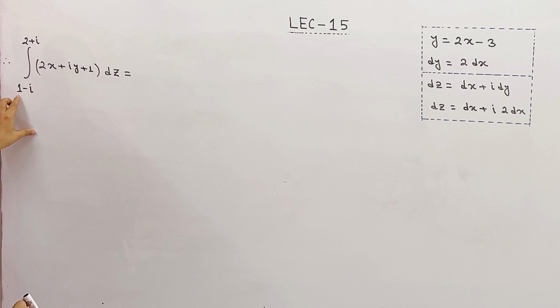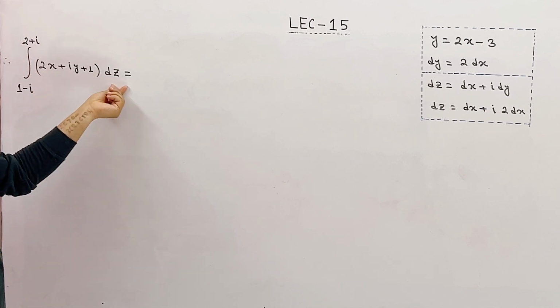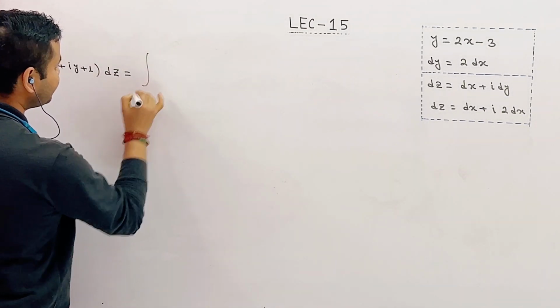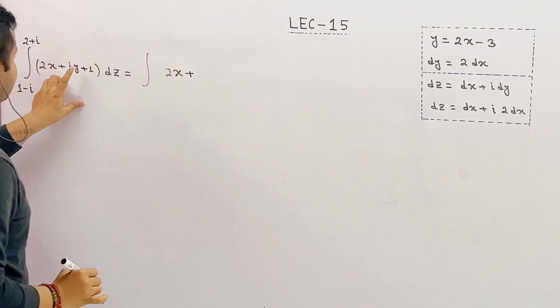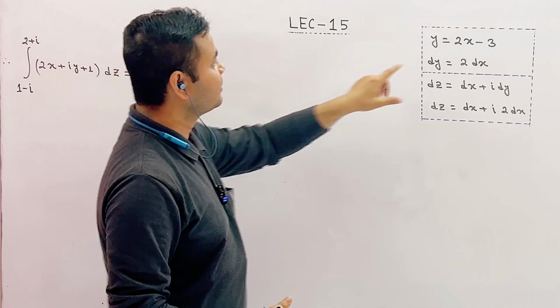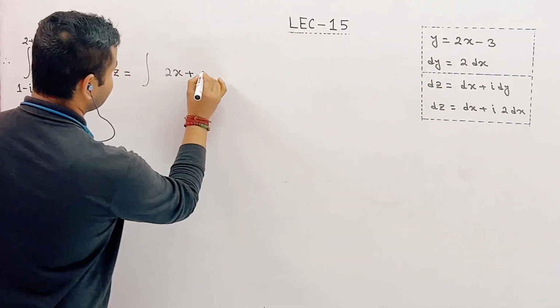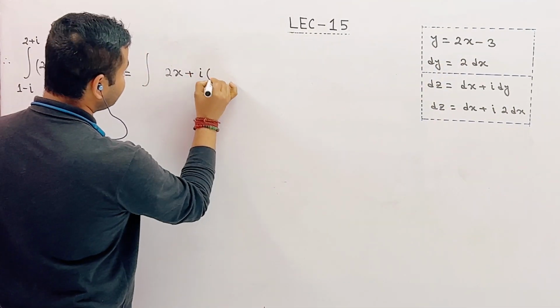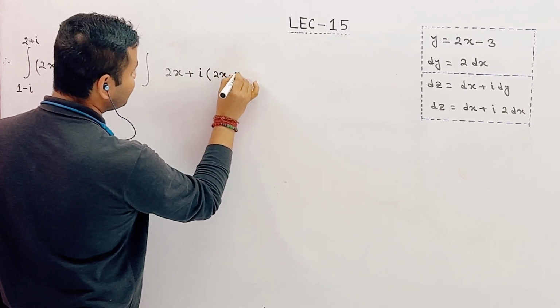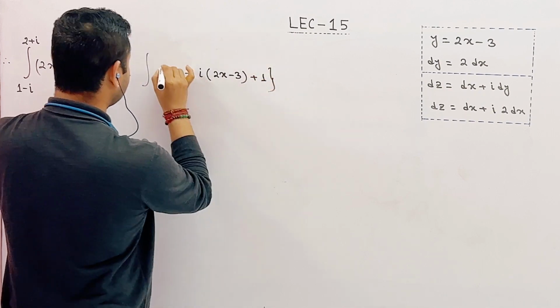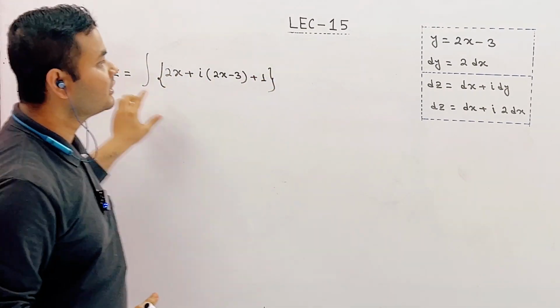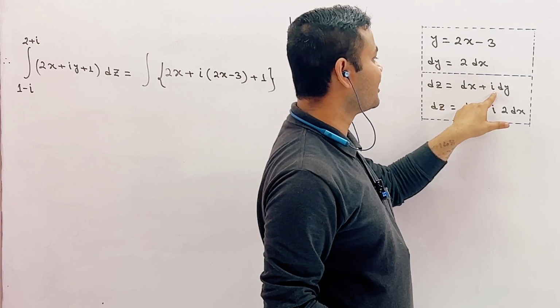Therefore, integration 1 minus iota to 2 plus iota twice x plus iota y plus 1 into dz is equal to integration twice x plus iota y. In our case, y is twice x minus 3. So, iota into twice x minus 3 plus 1 into dz. We know dz equal to dx plus iota dy.